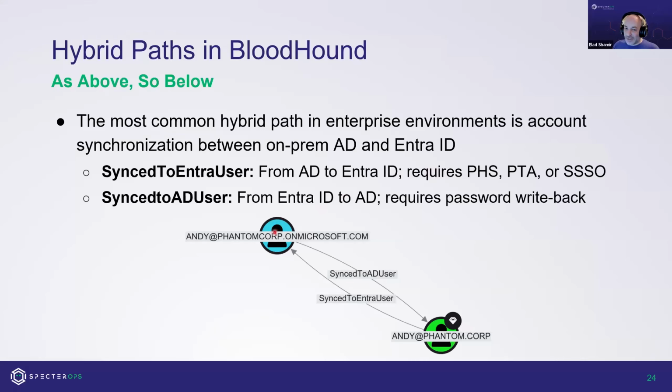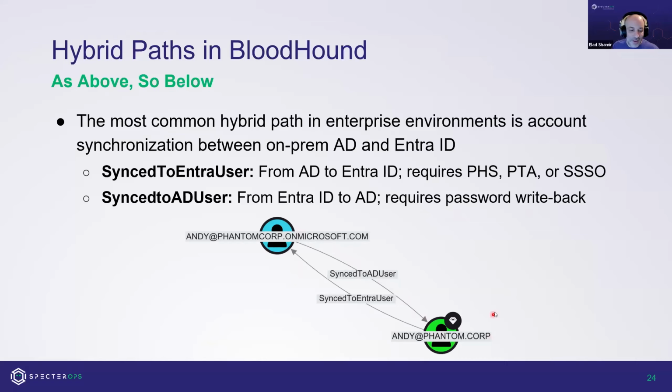In the other direction, we can also traverse from Entra to the AD user through the synced to AD user edge, which represents a password write back. So in other words, we can reset the password of an Entra user, and that will affect the on-prem user as well.